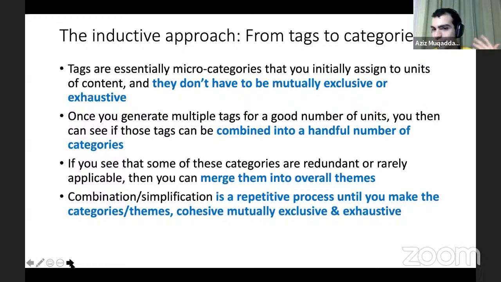You don't need to come up with more categories just for the sake of having more. Actually, if you have fewer and you can cover more cases, that's better. So a manageable number of categories is always better, as long as the coding scheme is exhaustive.